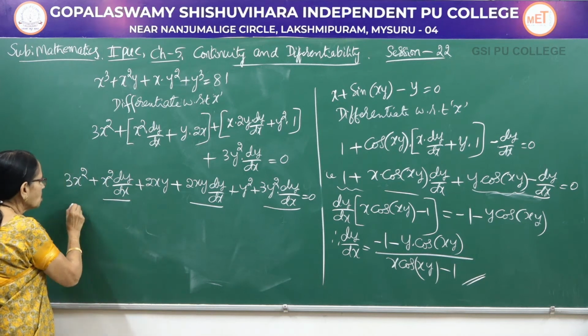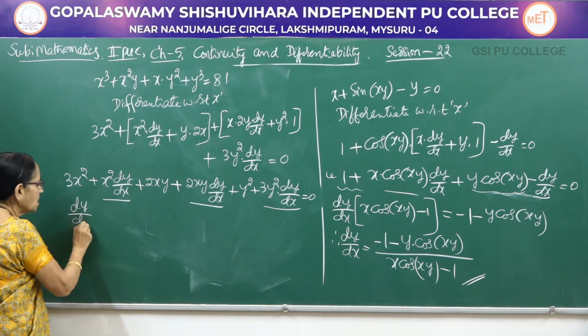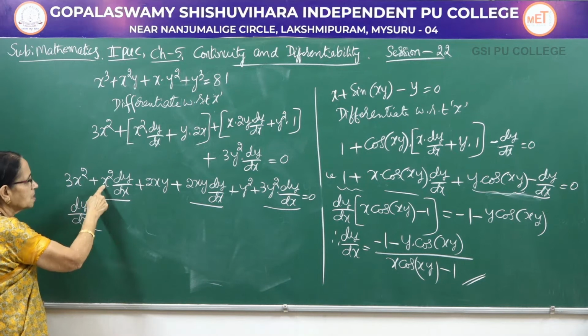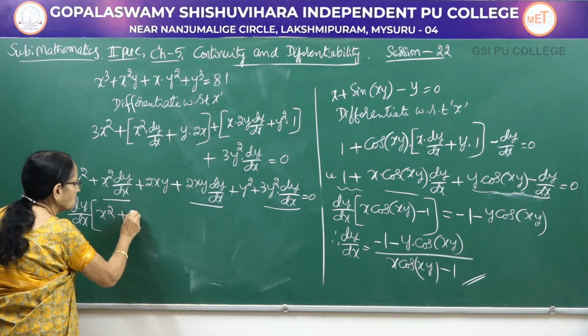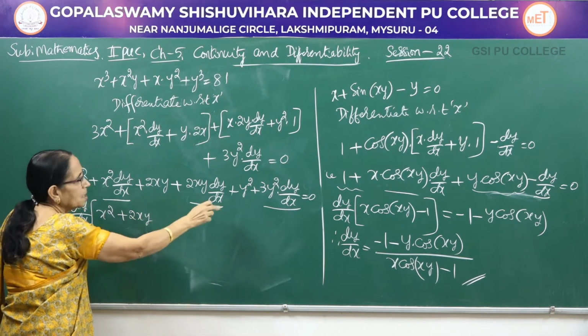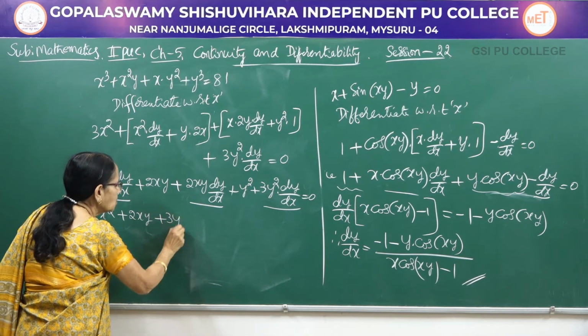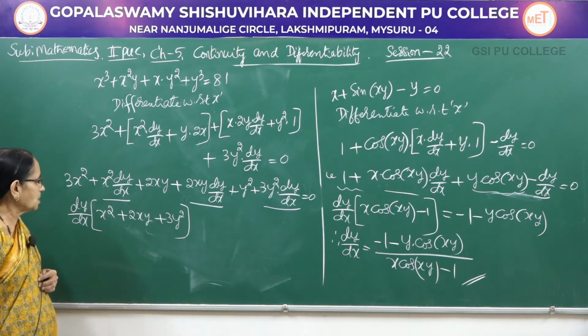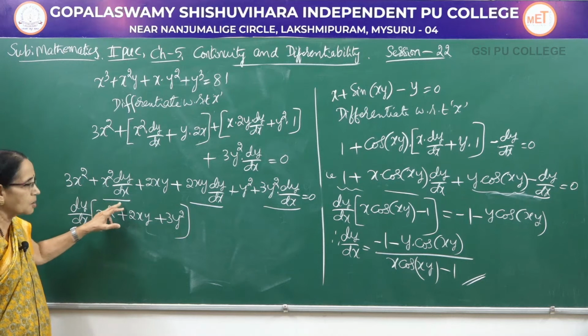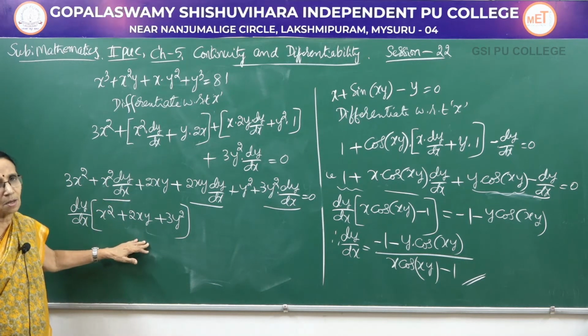So let me take out the common factor dy by dx. What is remaining? Here we are having x square, 2xy and there it is 3y square. So that is over, isn't it? We have taken dy by dx as a common factor, and we have written the remaining terms here.